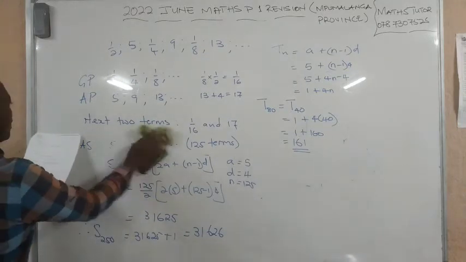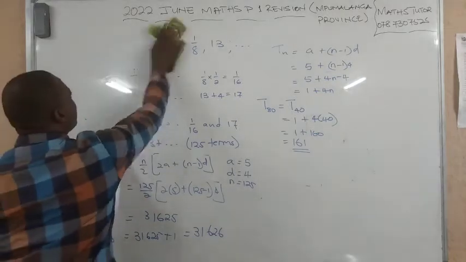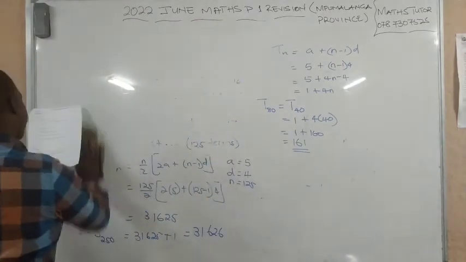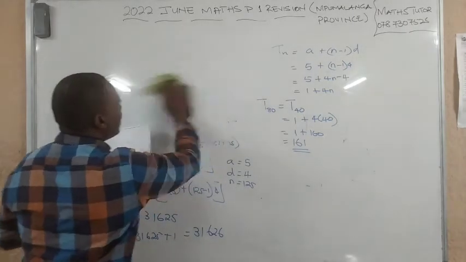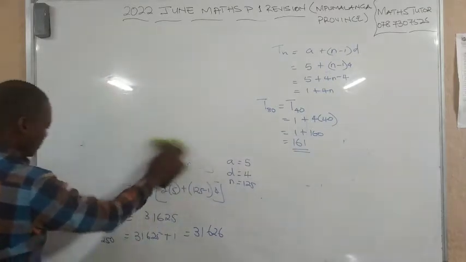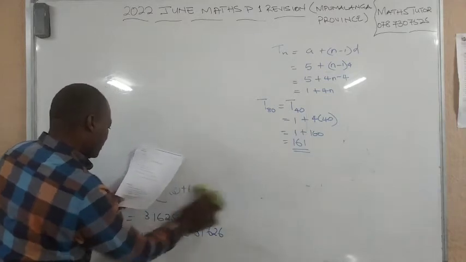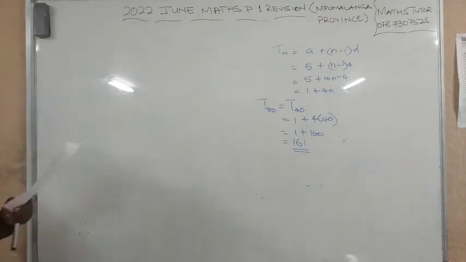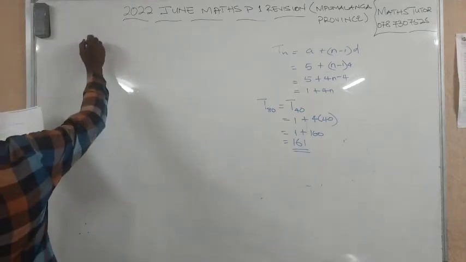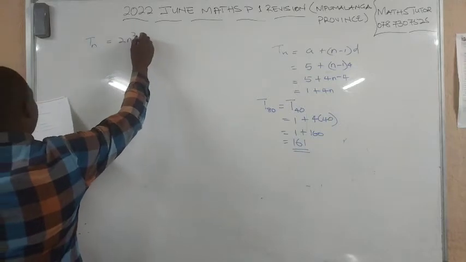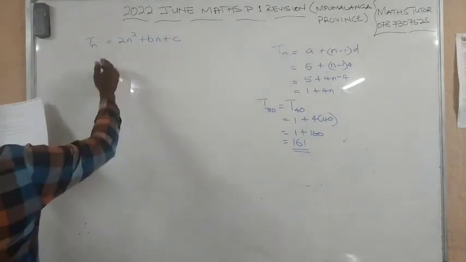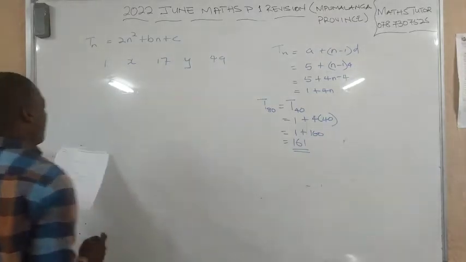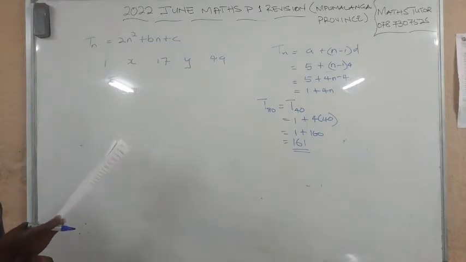If the general term of a quadratic sequence is Tn equals 2n squared plus bn plus c, and the terms are 1, x, 17, y, 49, and it progresses in that pattern, the question is: find the values of x and y.